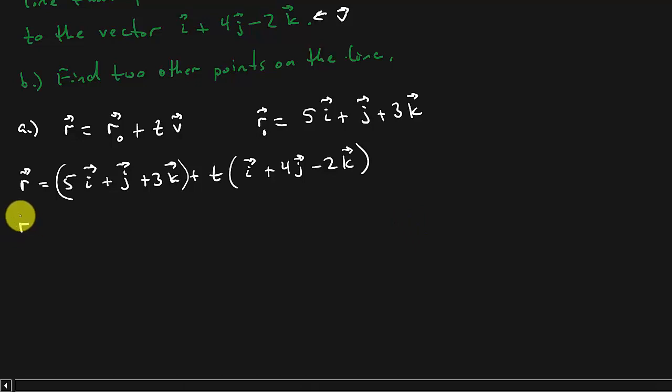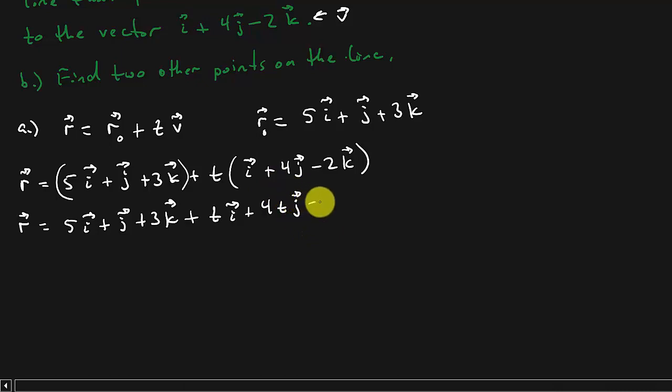And so this is going to be r is equal to 5i plus j plus 3k plus ti plus 4tj minus 2tk. And so I'm going to group the i terms together so you can see the i and factor that out.